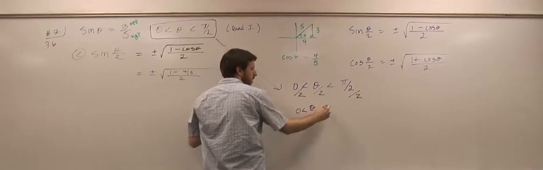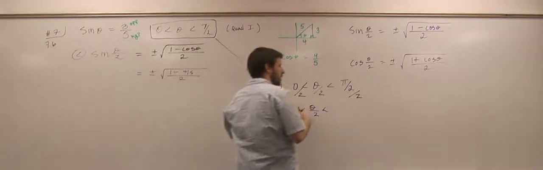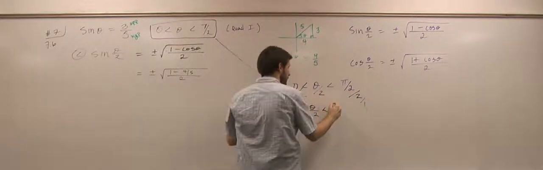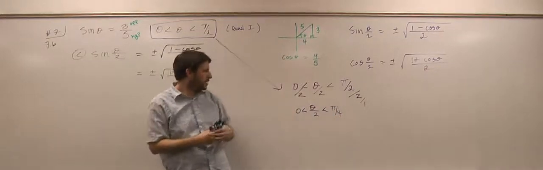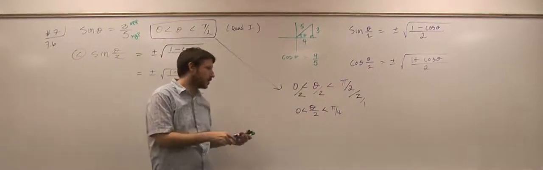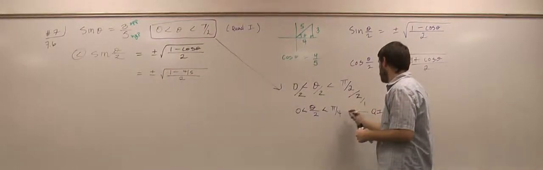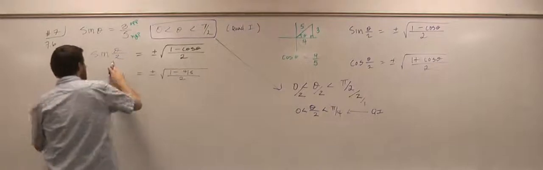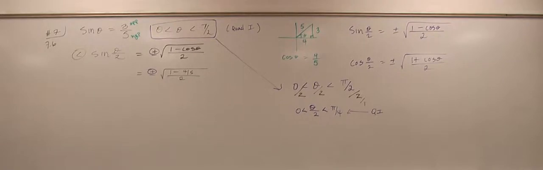That's your half angle. What's pi over 2 over 2? Pi over 4, because you convert it to 2 over 1, and then flip and multiply. So you see from this simple algebra, by dividing everything by 2, theta over 2 has to be between 0 and pi over 4, so it's still in quadrant 1. Which means, because theta over 2 is in quadrant 1, sine should be positive. So we're going to select a positive root, because everything's positive in quadrant 1.